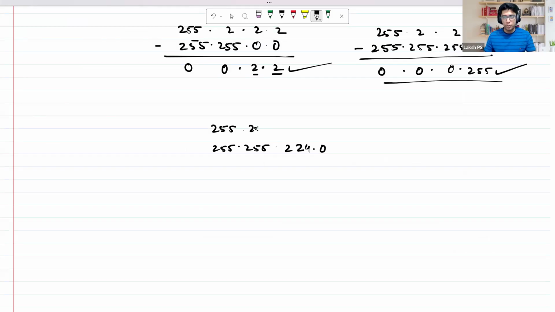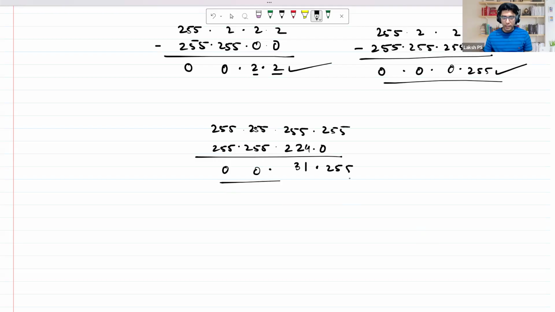Just subtract it from 255.255.255.255. So over here, this is going to be 0.0, then here it is 31, and again 255. 0.0.31.255 is the wildcard mask for this particular address mask.